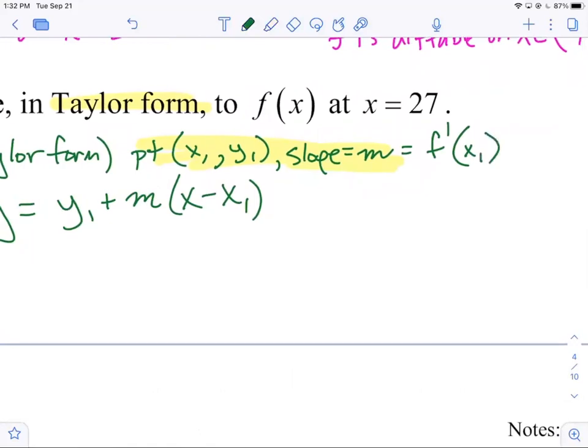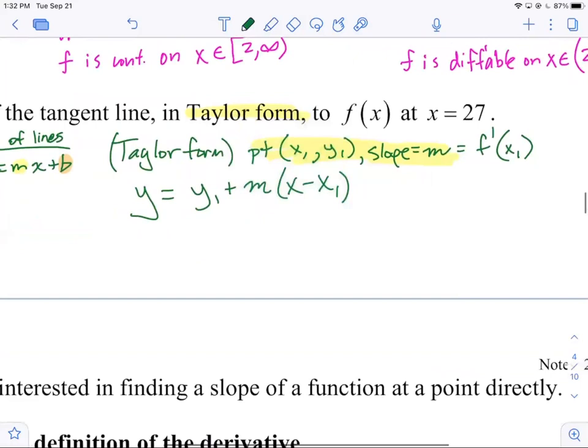There you go, we can use calculus. So if we ever need to write the equation of a line, all I need is the equation of the function and an x value. I can plug the x value into the function to get the y value, and then find a derivative function and plug the x value into it to get the slope. Now that I have my point and my slope, I can plug them into Taylor form.